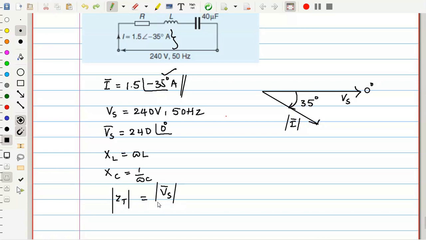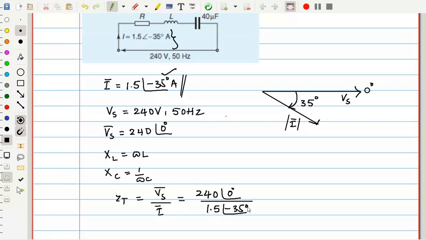Or you can do it another way. Instead of only the magnitude, I want to take ZT directly. ZT is equal to Vs phasor divided by current phasor. So this is equal to 240 at an angle 0 divided by the current. Current is how much? 1.5 at an angle of minus 35.